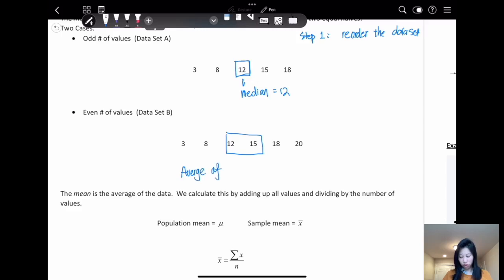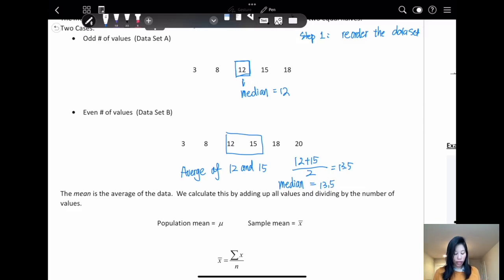This is going to be our median. In our specific example, the average of 12 and 15 is 12 plus 15 divided by 2, which is 13.5. So for data set B, the median equals 13.5.